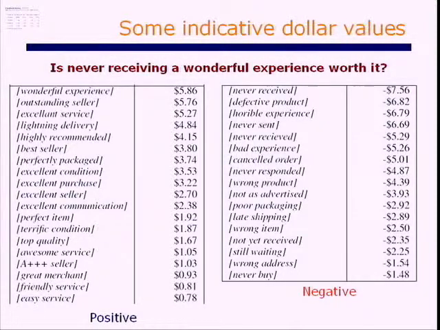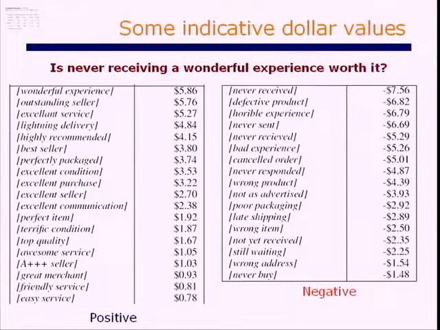So what you'd interpret these as is if a particular seller had wonderful experience in every one of their feedback postings, then the estimation that we've done would suggest that this seller can charge, on average, a premium of $5.86 over its competitors. And that may not seem like a very large sum, but these are software titles that cost anywhere from tens of dollars to a couple $100. So this is an extremely significant amount relative to the average margin that you might expect a seller in this marketplace to be making.